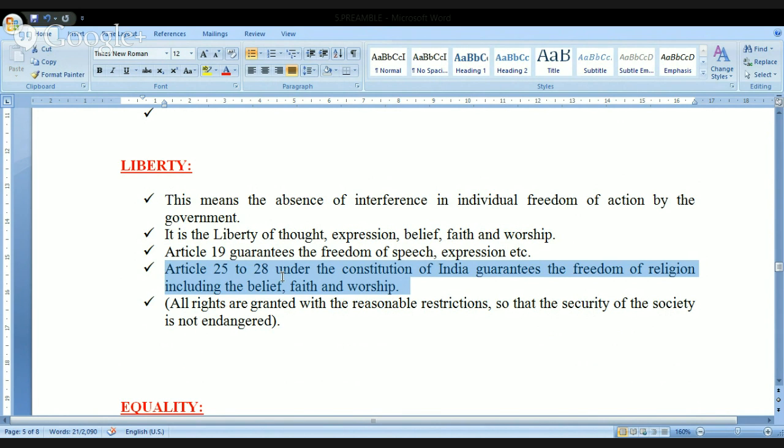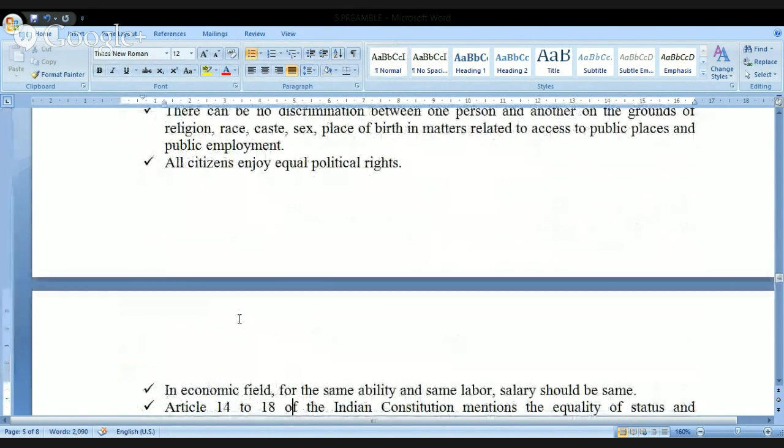Articles 25 to 28 are talking about the freedom of religion. Again, 25 to 28 is also part of our discussion on fundamental rights, and during that time, again, we'll have a detailed discussion. Look at this. All the rights are guaranteed with reasonable restrictions. Anyway, I'll tell you these points later when we come to fundamental rights.